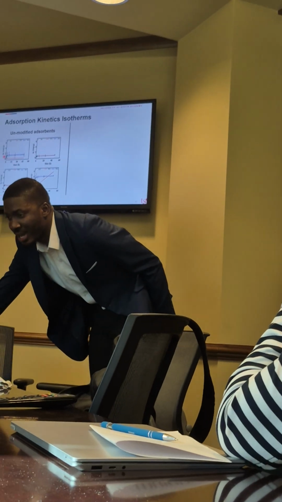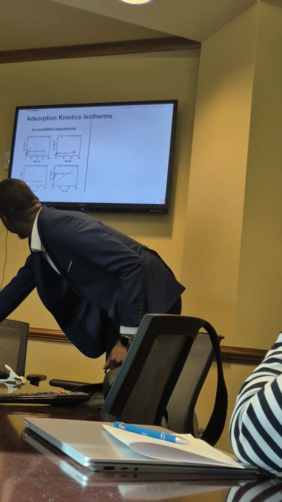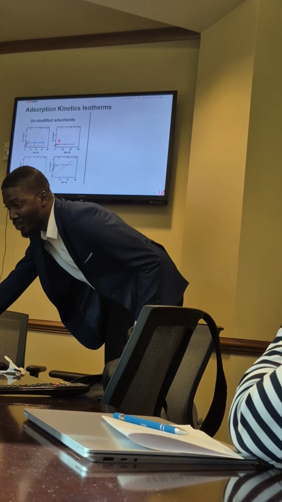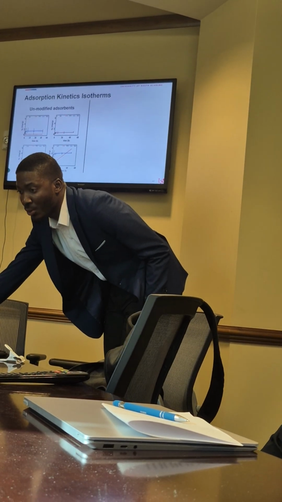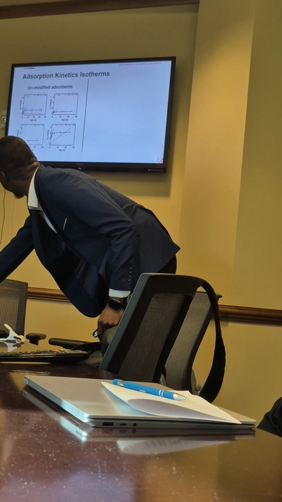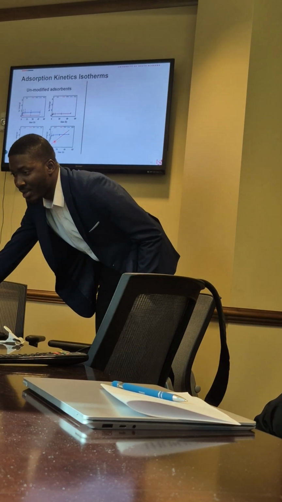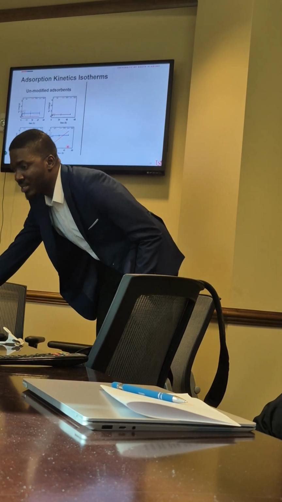From this, we can see that the PSO model best fits our data. For activated biochar, there was an overlap between our PFO and our PSO. We had a similar situation with granular activated carbon, GAC. And for ACF, the PSO model best fits our data.